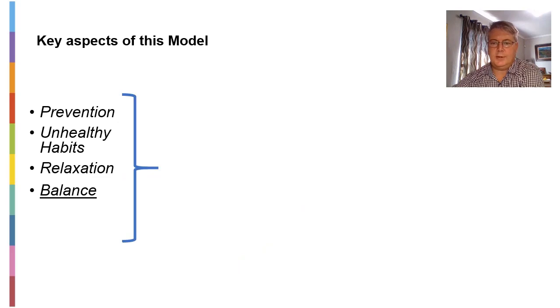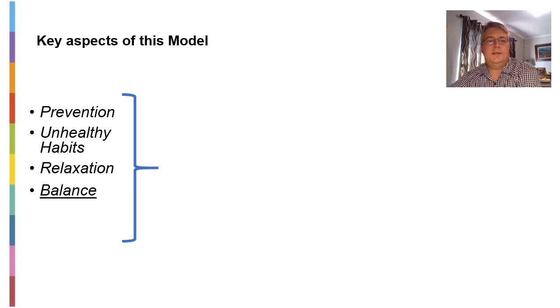Okay, so as shared in the previous slide, I want us to take a look at some key aspects of this model. And the first one there is prevention. So basically we can encapsulate that by saying prevention is better than cure, or that it's a proactive approach that this model takes to dealing with disease. So it's not really about fixing or helping after the fact, although that might be possible.